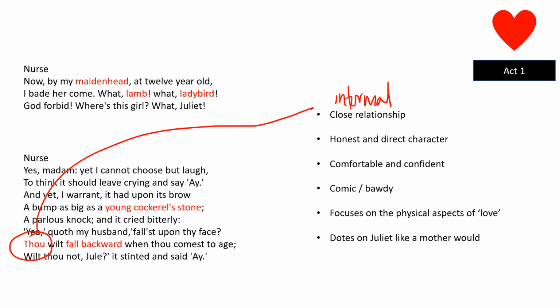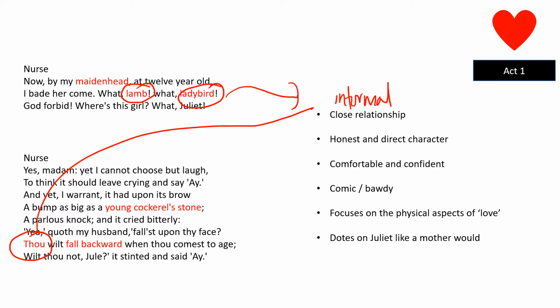So you can see here straight away the nurse talks to Juliet in a very informal way, which reflects the closeness of the relationship, and the fact that she describes her in terms of an animal. Okay, an often sweet, gentle relationship that suggests that Juliet is innocent and sweet and somehow needs protecting. So we can see that protective nature of the nurse straight away.